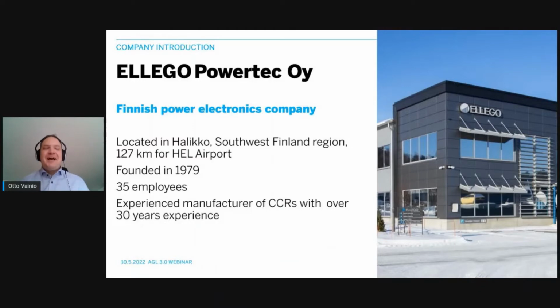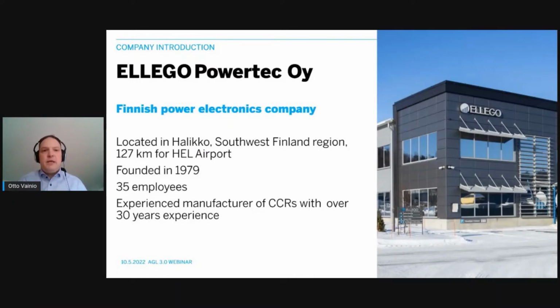Thank you, Minna. First, a few words about ELLEGO PowerTech. As the name ELLEGO may not be that familiar to you yet, ELLEGO is a Finnish power electronics company founded in 1979, so more than 40 years in the power electronics business, located in Halikko, which is in southwest Finland, roughly 130 kilometers west from Helsinki.